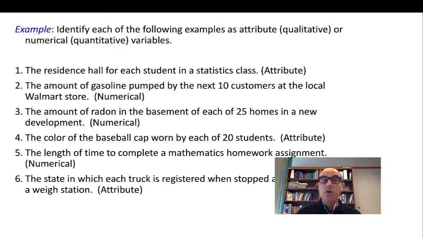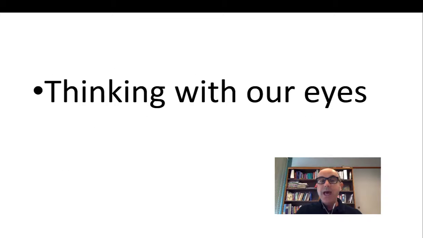It is an attribute of the students. The amount of gasoline pumped by the next 10 customers at the local Walmart store is numerical, because every customer can buy a different amount. The amount of radon in the basement of each of 25 homes in a new development, again, is an attribute. So you see that there is a difference between attributes with regard to variables and how they apply. But again, we will talk more about that.